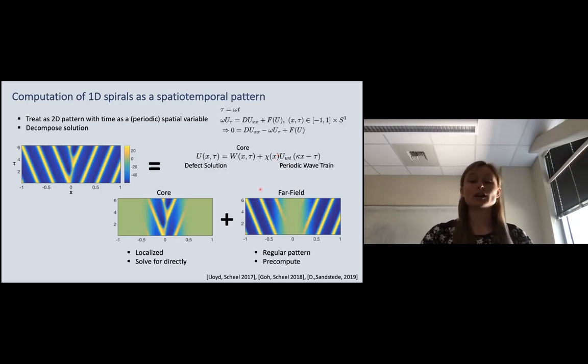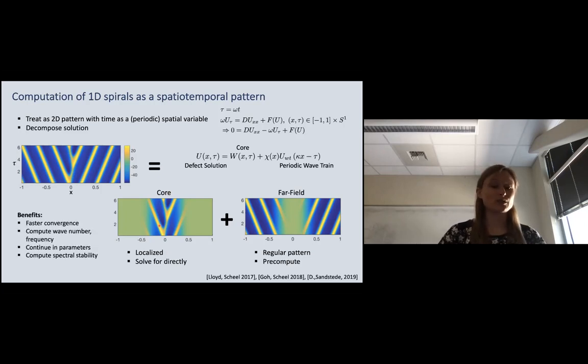We can then pre-compute this far field pattern just using the 1D periodic wave trains and interpolating them into this two-dimensional space. Then the only thing that we actually have to solve for is this core region, which is localized and therefore much more efficient to compute than the whole pattern itself.